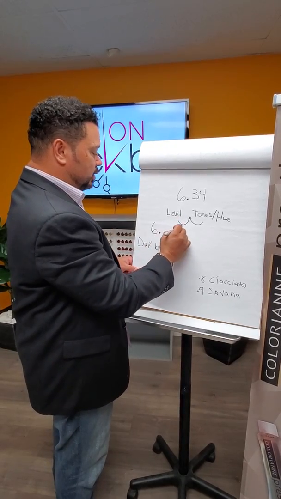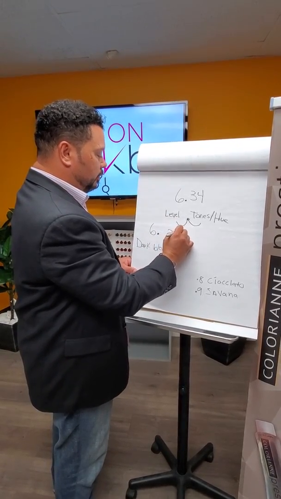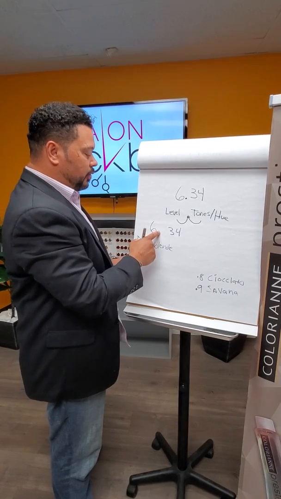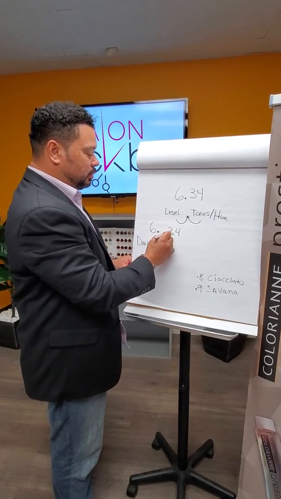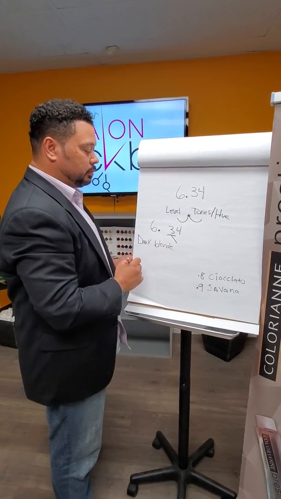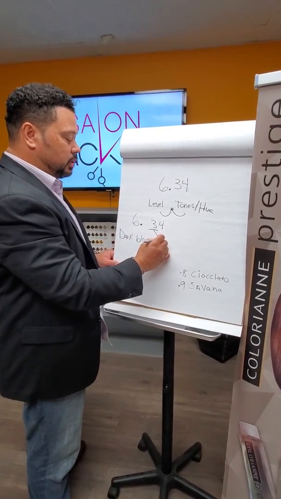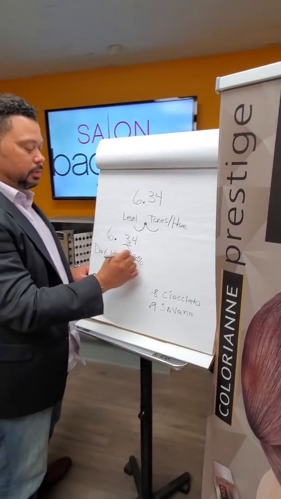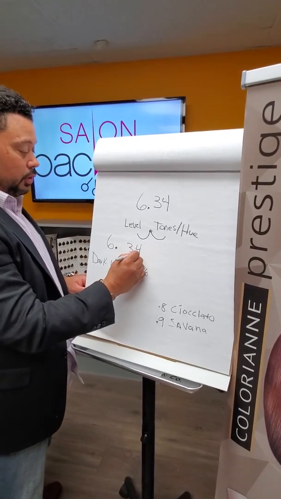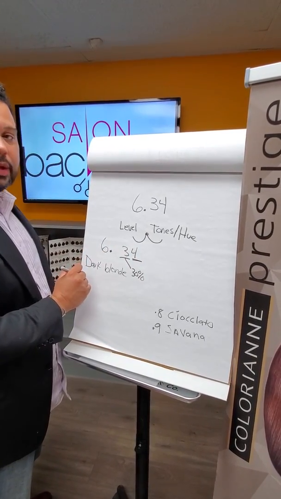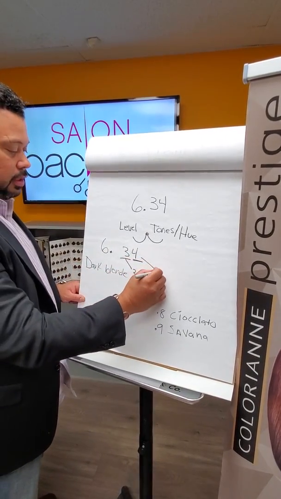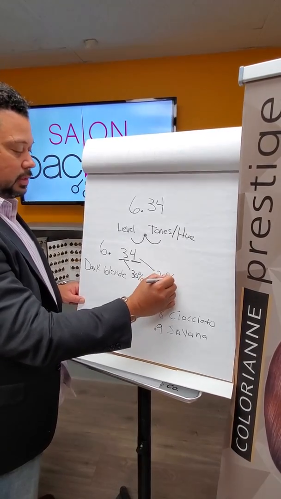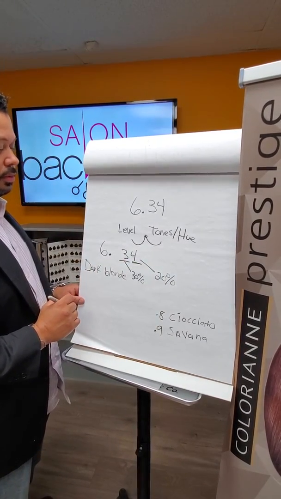The next is 3, 4. The first digit after the decimal is your boss color. He represents 30% of what's in the tube. Your second color is your reflect. He represents 20% of what's in the tube.